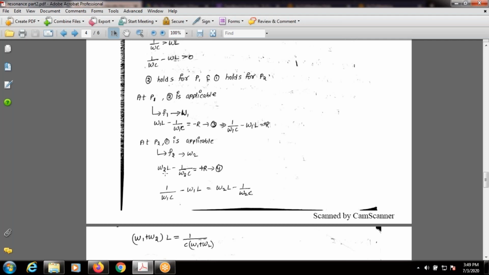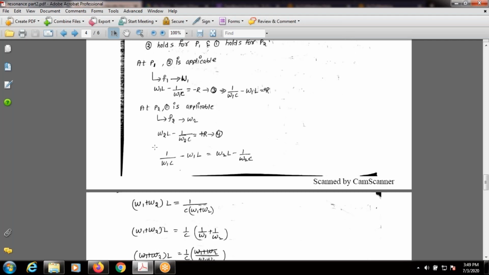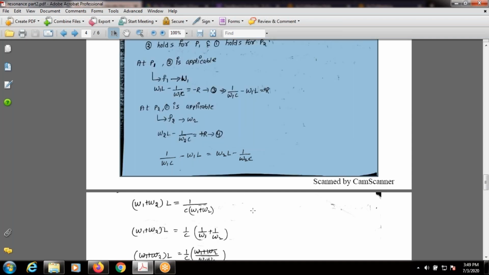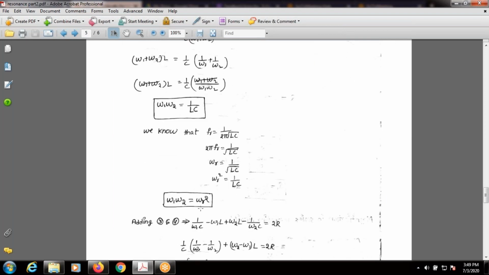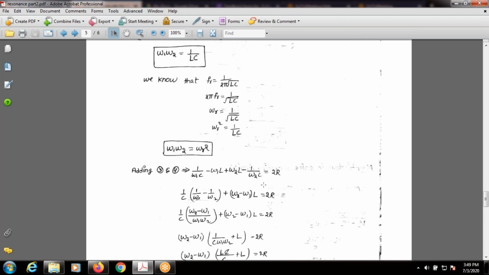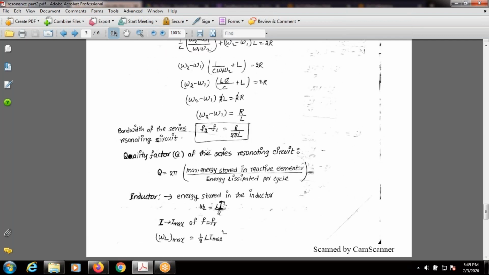Similarly, for frequencies greater than FR, omega 2 L minus 1 by omega 2 C is equal to plus R. These two are equal. Then simplifying, we get an intermediate expression, omega 1 omega 2 is equal to 1 by LC, that is equivalent to omega R whole square. Then add equations 3 and 4.